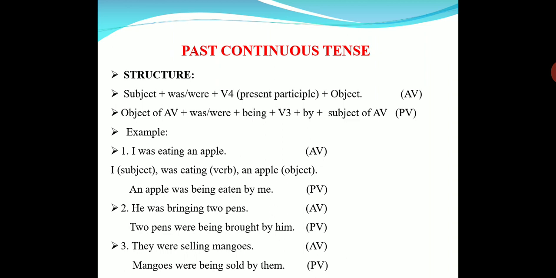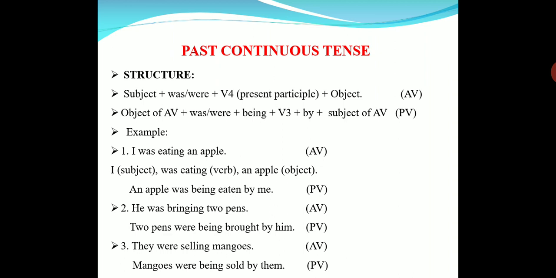Now, the object 2 pens becomes subject, and we have to add were because 2 pens is the plural one, and be form is being, and V3 form of bring is bring, brought, brought. Brought, we have to add by, and he becomes him in the place of object. So 2 pens were being brought by him is the sentence in passive voice.